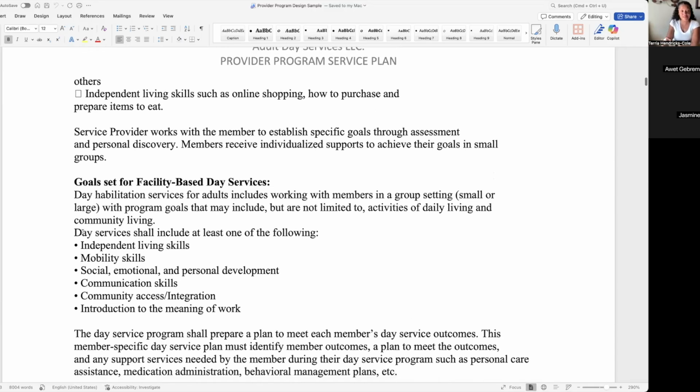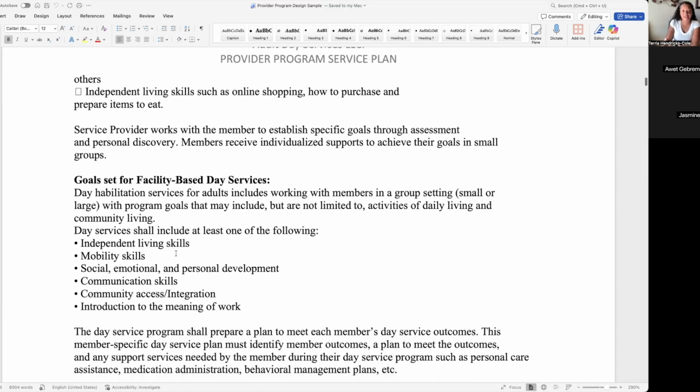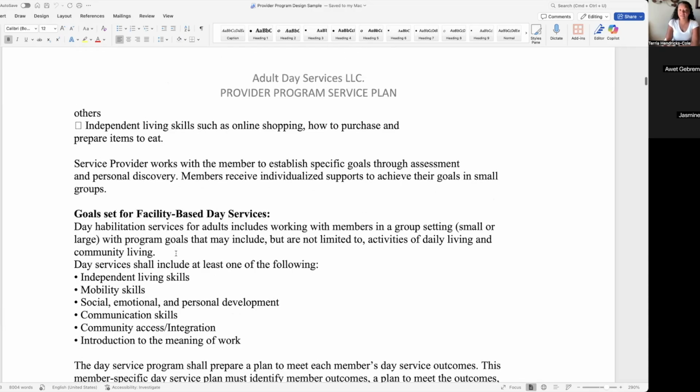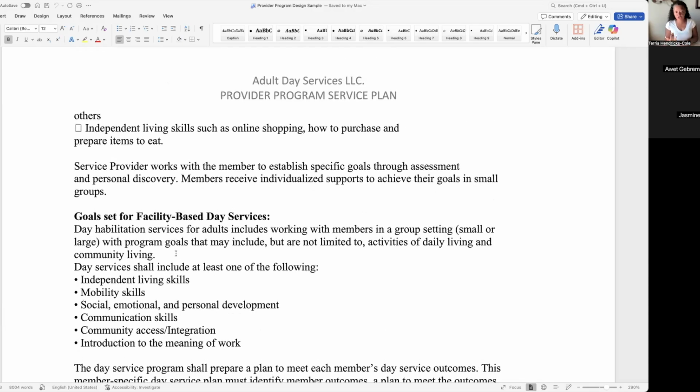Like I said, going into this life skill aspect of it, that's just teaching how to do laundry. If you have a laundry facility on site, that would be great. You can teach them how to wash clothes, fold. Cooking classes would be another great aspect under this life skill part of it.